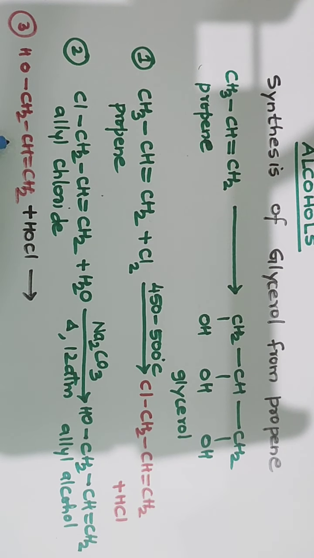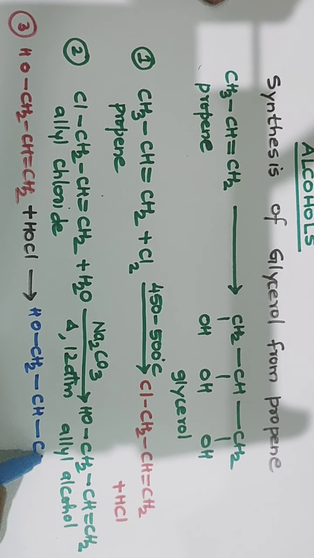Addition of HOCl across this carbon-carbon double bond takes place. When HOCl adds across the carbon-carbon double bond, it gets converted into a single bond. So what you got is here, we have OH CH2 CH CH2. So addition across this carbon-carbon double bond takes place. So Cl adds here and the OH group adds here. This is what you get.